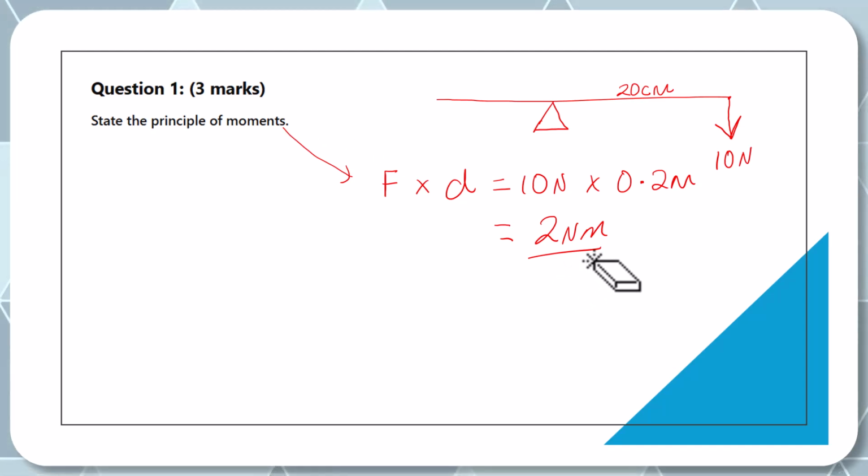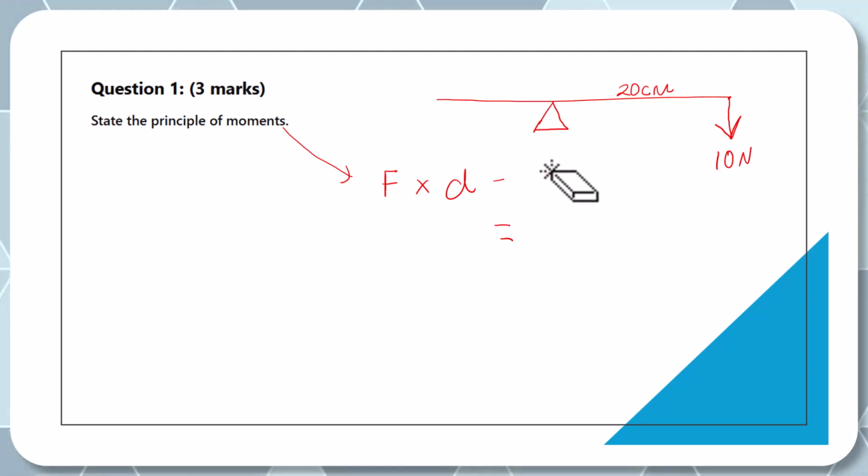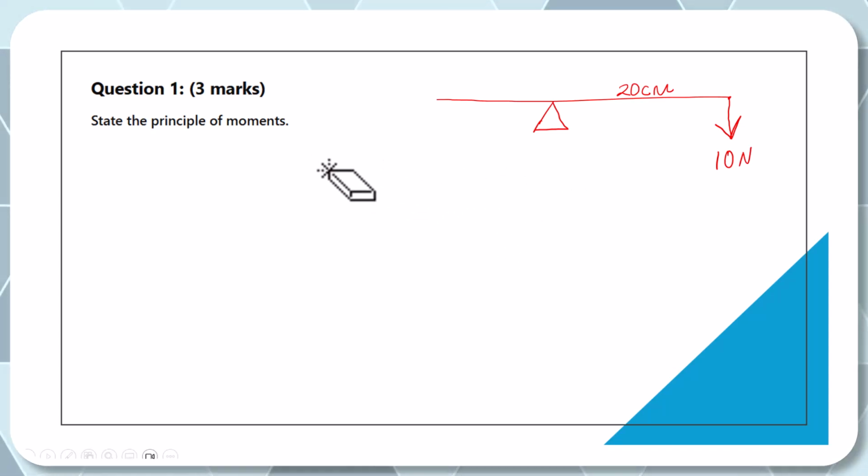Now, when we talk about the principle of moments, the idea is that if something is in equilibrium, is balanced, then the clockwise moments and the anti-clockwise moments will always be equal.